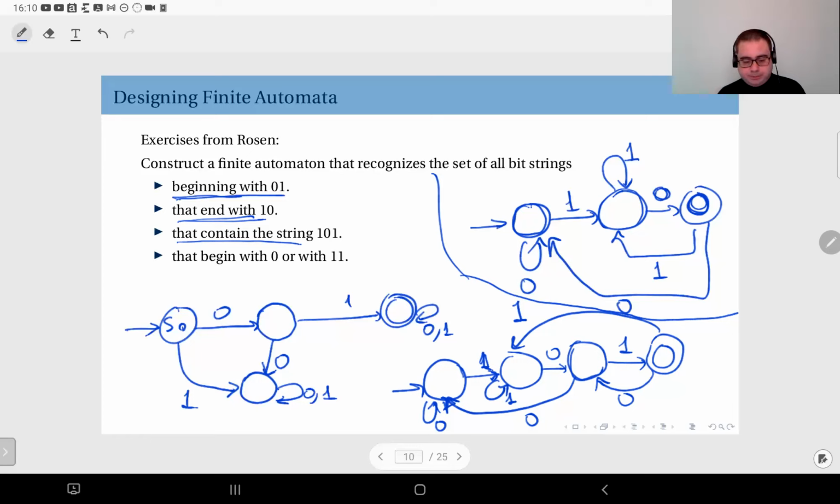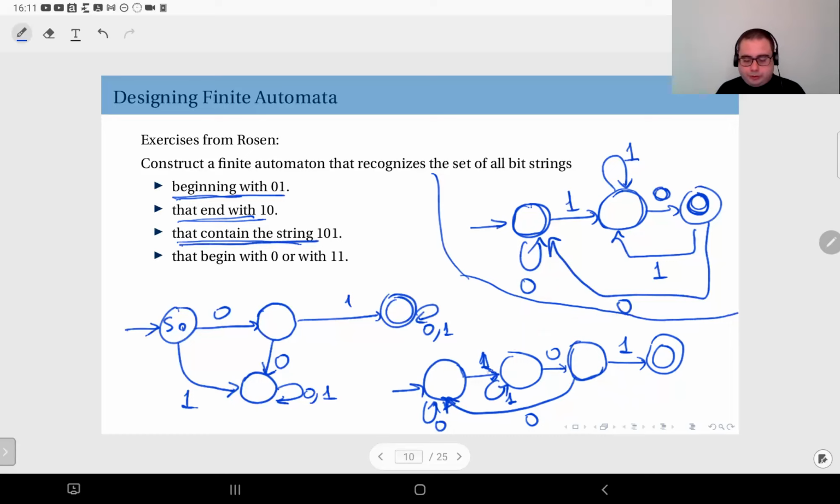Okay, well, if you reach 1-0-1, sorry, so these should not be like this, because it says that contain the string 1-0-1.